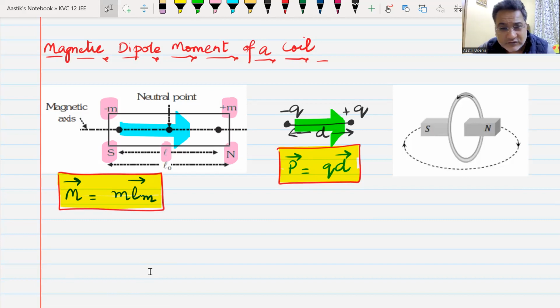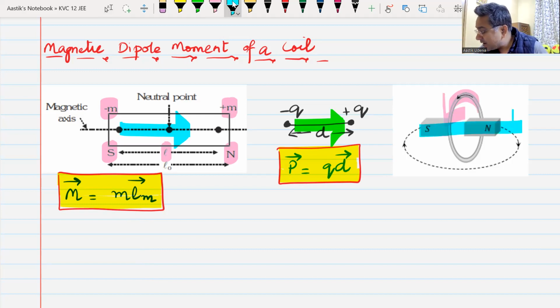This is how the magnet looks. If the current in the coil, as you can see, is going in this direction, it is going to create a magnetic field similar to the magnetic field created by a bar magnet kept like this.